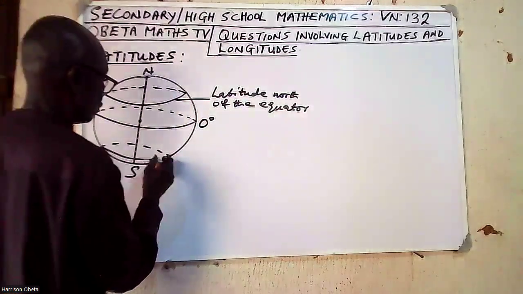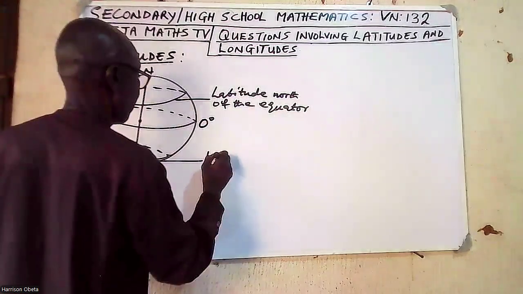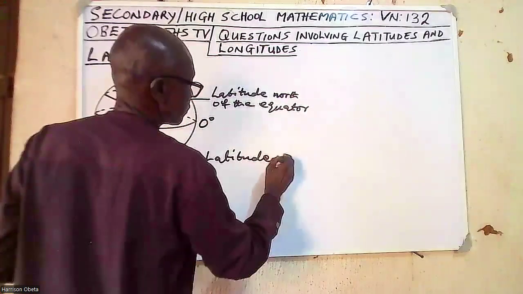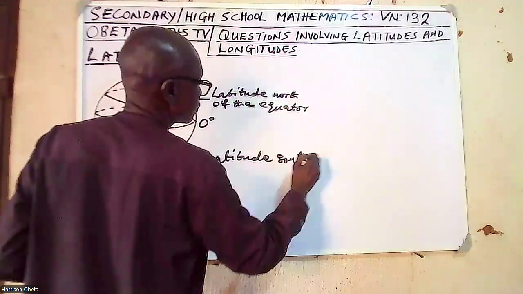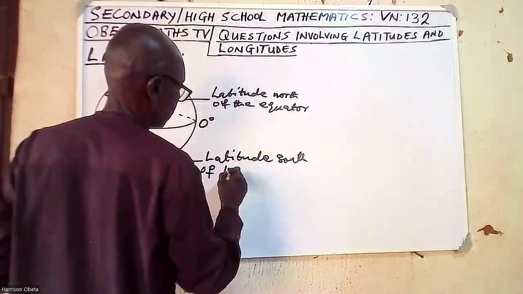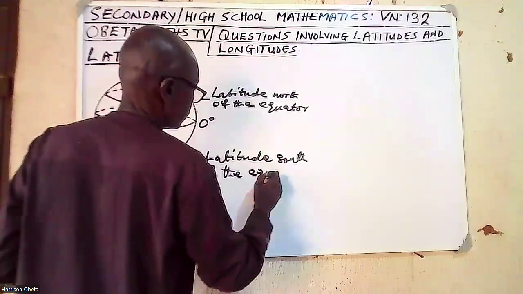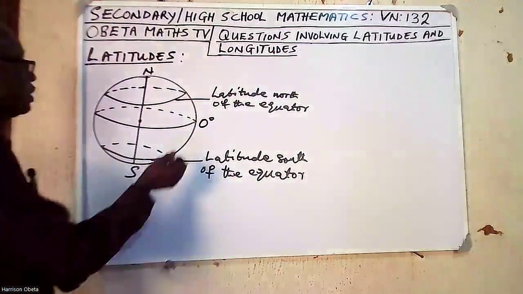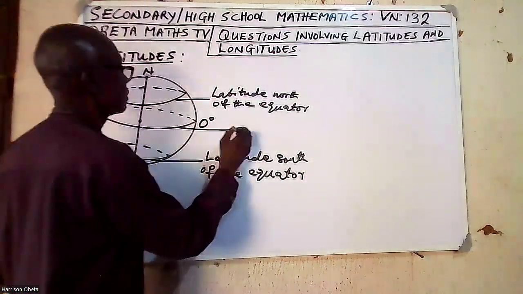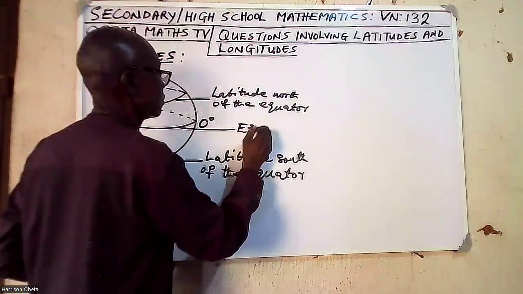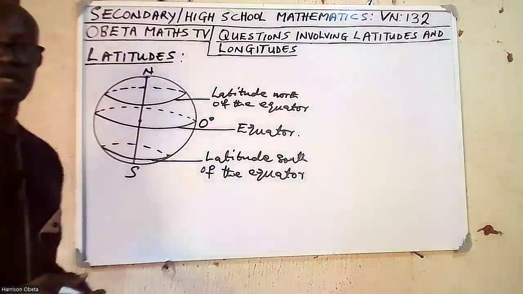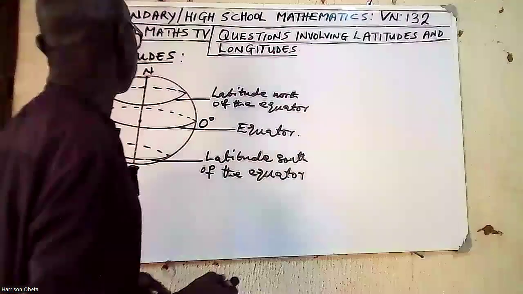Why this one is latitude south of the equator. And then the equator is this. That is latitude 0 degree.